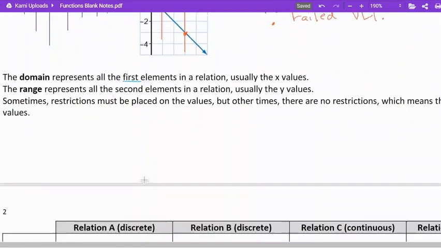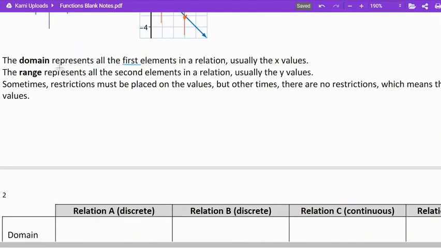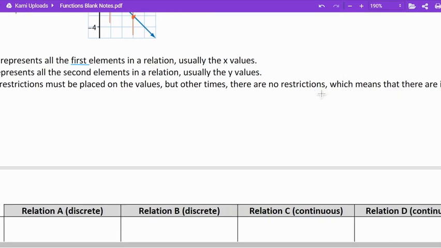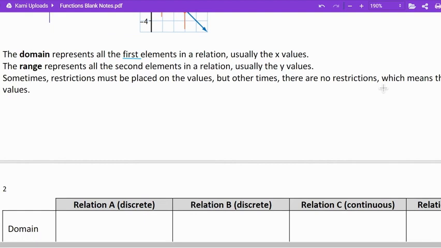So the domain basically represents all those first terms. The range represents all the second elements, and those are usually the y values. Sometimes restrictions must be placed on these values, but at other times there are no restrictions, which would mean that there are infinite number of values in either domain or the range.